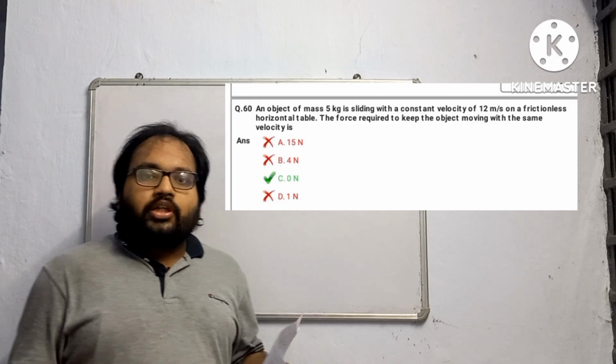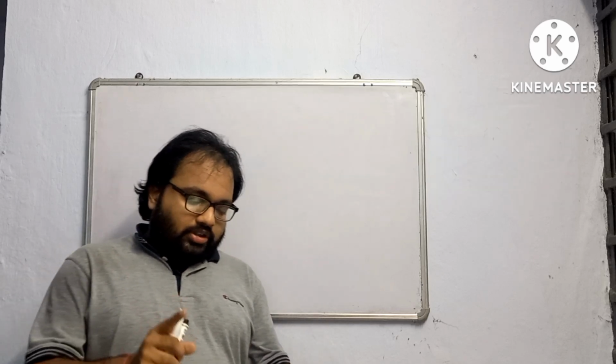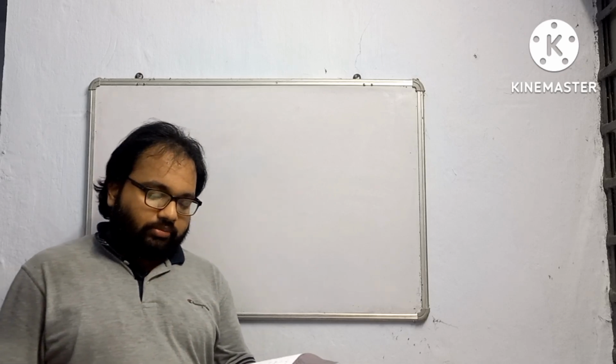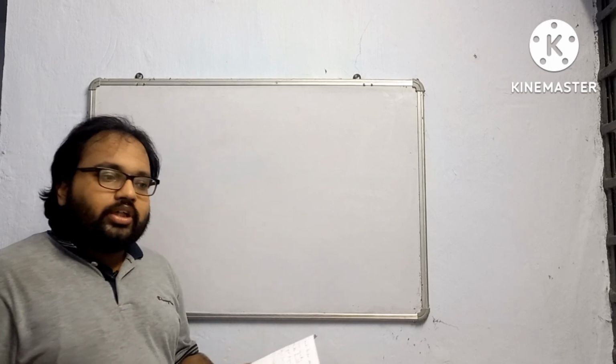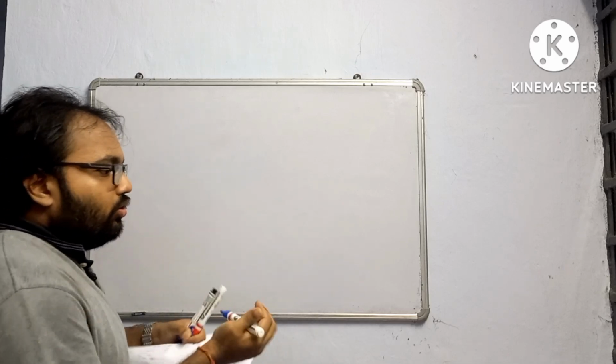Now, this question, if you know the concept, then there is nothing to do, because mass is 5 kg, sliding with 12 meter per second on a horizontal table. The keyword given here is frictionless horizontal table. If the table is frictionless, then we require no force, because friction only resists our motion, and here no resistance is there, so no force.